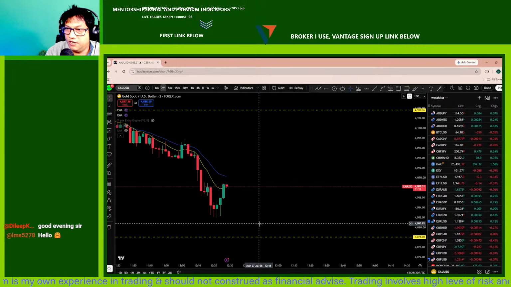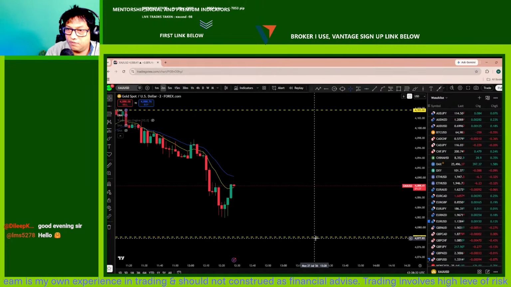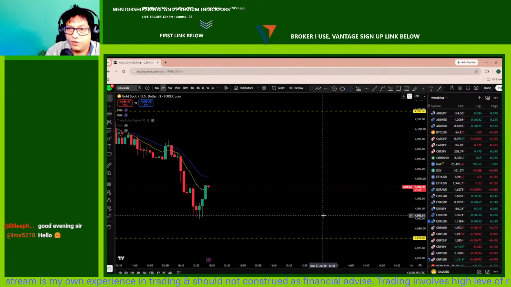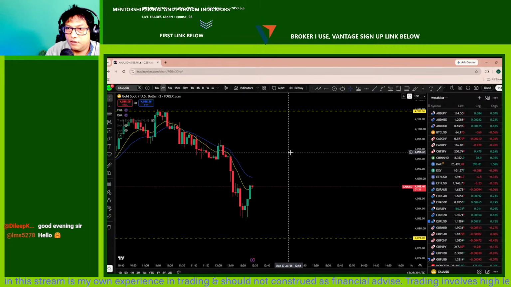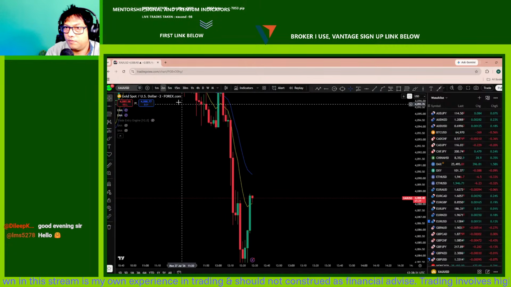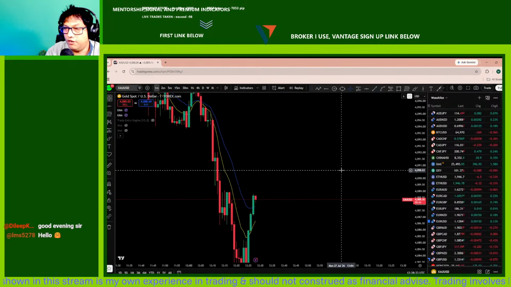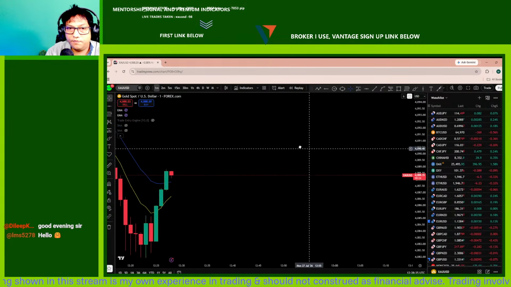So you can see here the price action moved back into this support, with a reaction to this level.